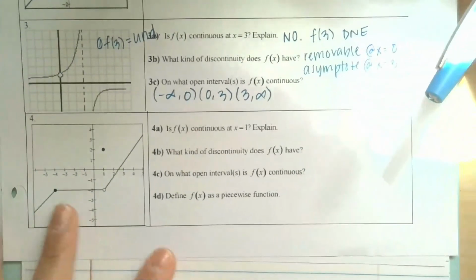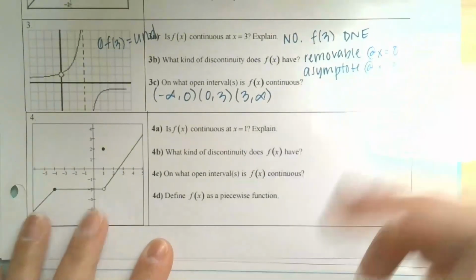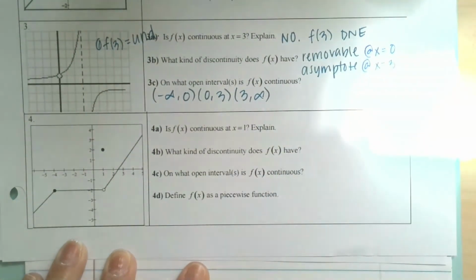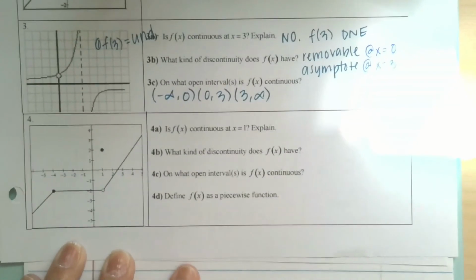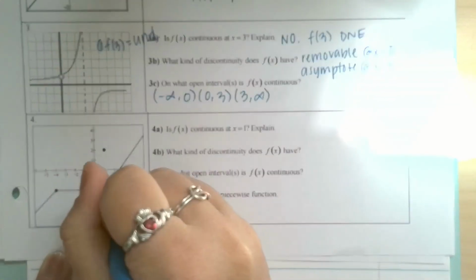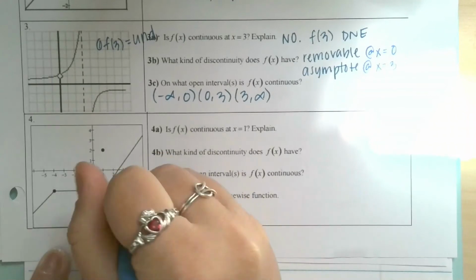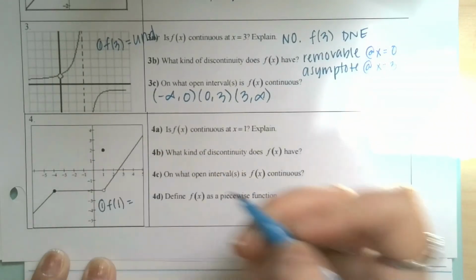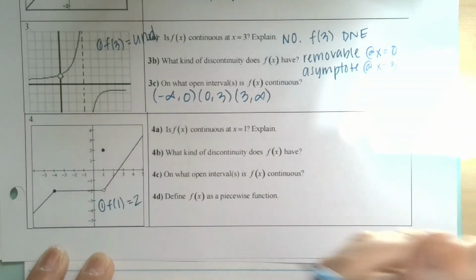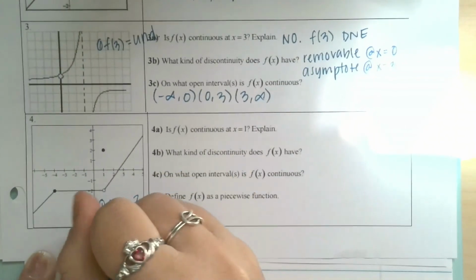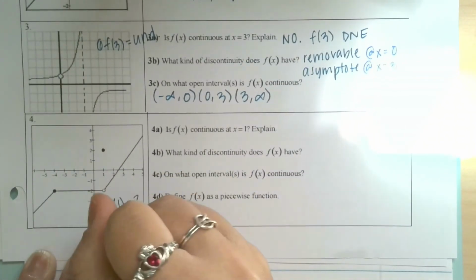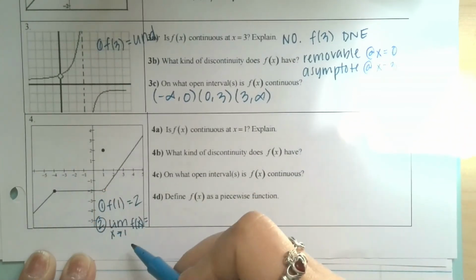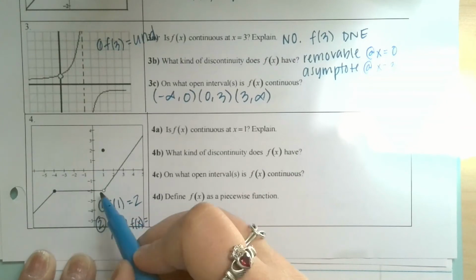Last example. First up, this has a bunch of parts to it. Is this function continuous at x equals 1? First step, we want to find f of 1. We look at our graph, it tells us f of 1 equals 2. That's good. We want the limit as x approaches 1 of f of x. Our limit from the left equals negative 2.